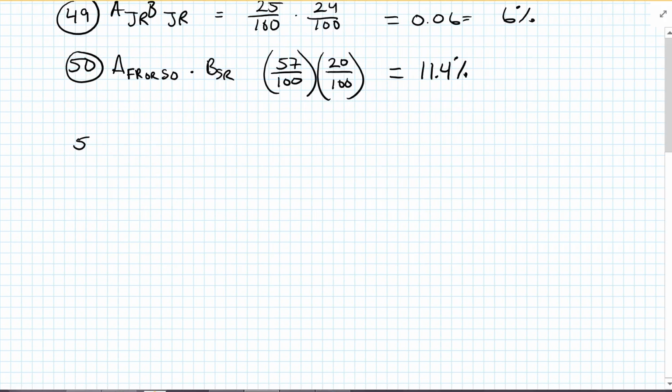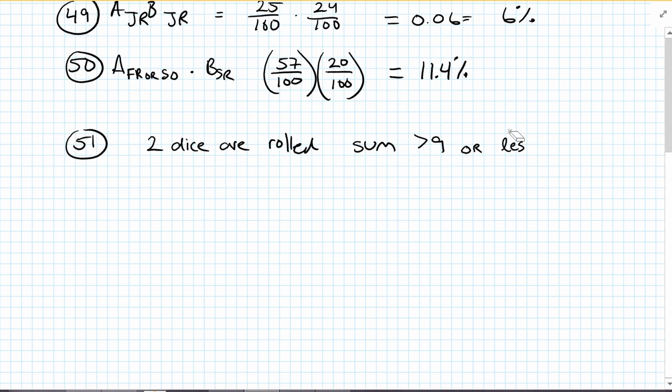51. 2 number cubes are rolled. So 2 dice are rolled. What's the probability the sum is greater than 9 or less than 6?